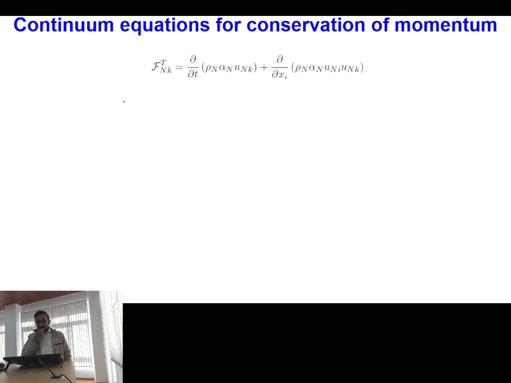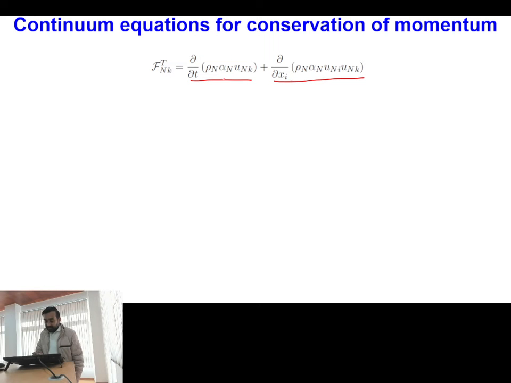Okay, so if you recall, in the conservation of momentum equation, the right hand side first term represents the time rate of change of momentum of nth phase within the control volume, and the second term represents the rate of change of momentum of nth phase across the boundaries of the control volume.